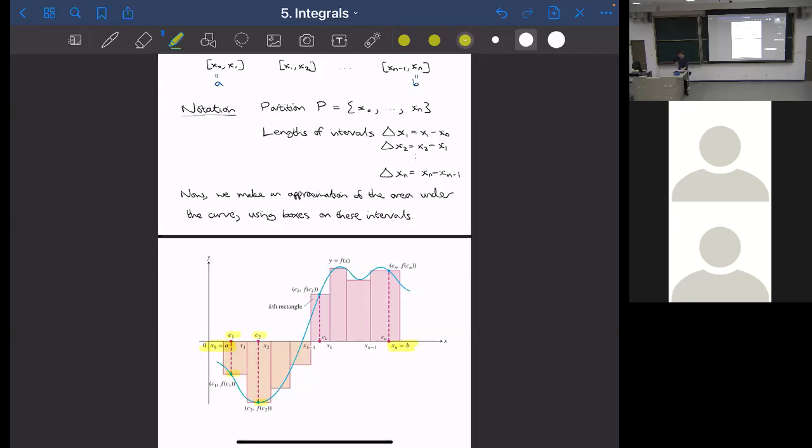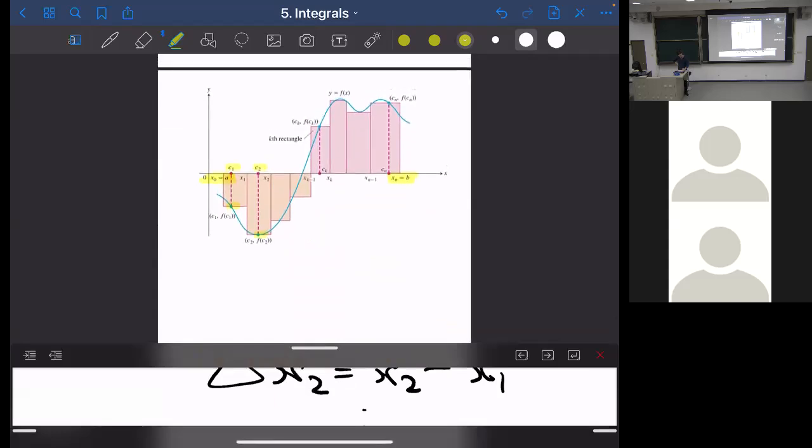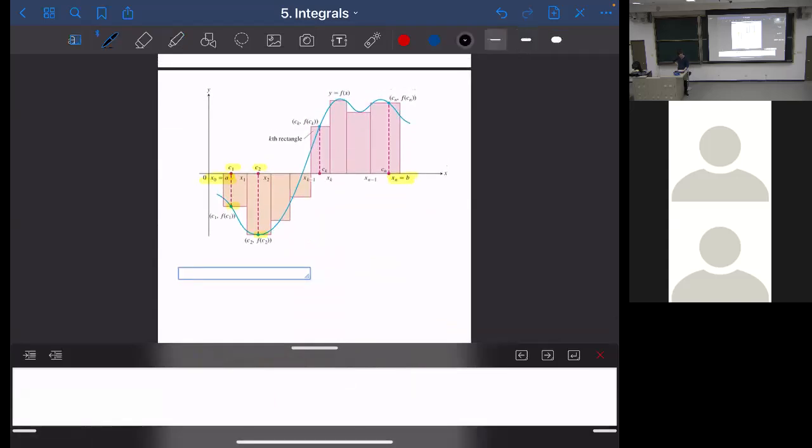So then my estimate for the area is this Riemann sum. So, definition.